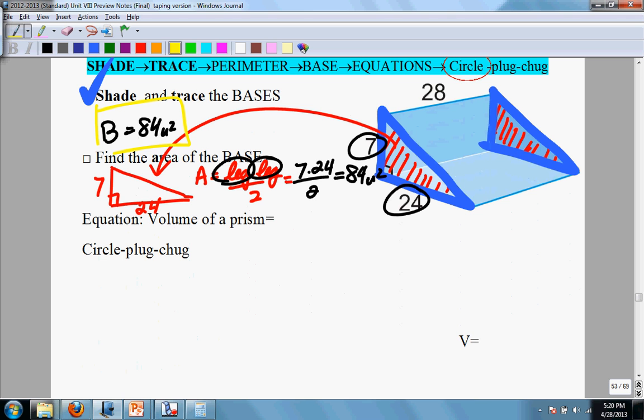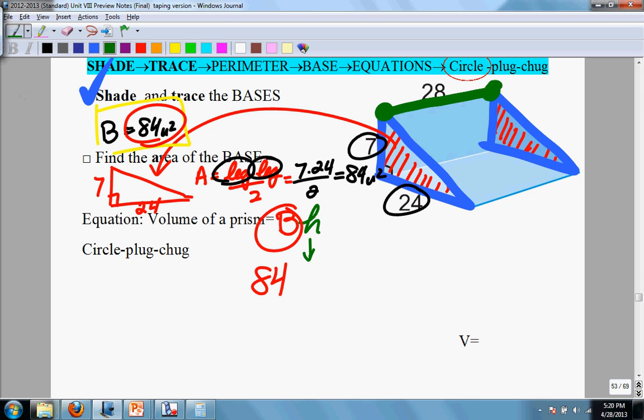Now let's write the equation here for a volume of a prism, which is simply base times height. Now, we circle, plug, chug. Our base, we have it already. It's 84. Height. Height there's not 7. Height is the distance between the bases.